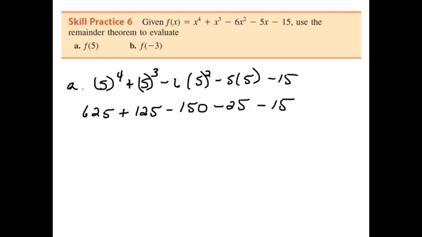And then you would do the same thing with negative 3. Negative 3s are a little harder with exponents. In other words, I would have negative 3 to the 4th, that'd be a positive 81 because it's got an even exponent.